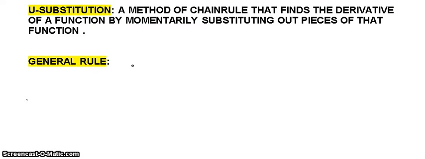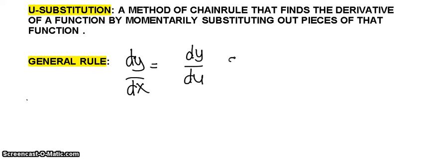The concept of U substitution is to locate dy dx. dy dx is also known as the derivative. dy dx can be split up into two pieces, dy du and du dx. Notice that if you multiply dy du by du dx, you will once again return to dy dx.